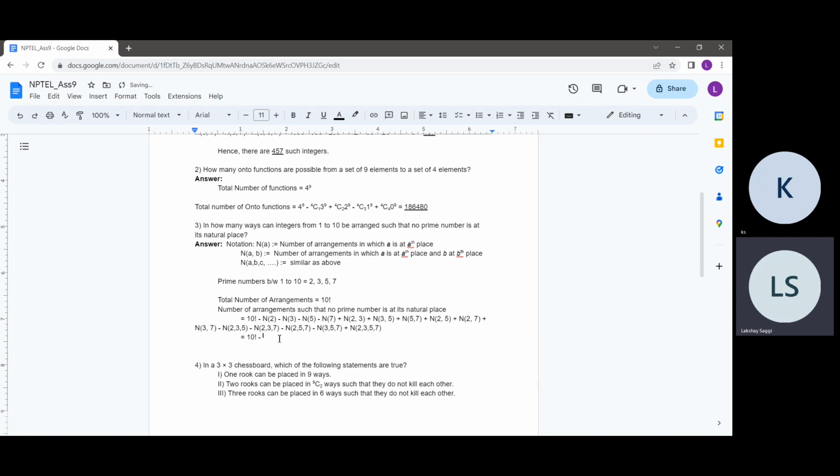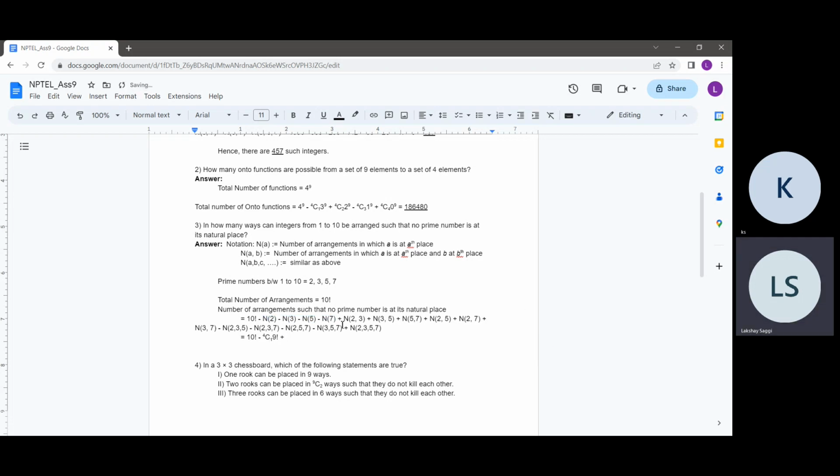So I can just write it as selecting one of those numbers in 4c1 ways, and the value is 9 factorial. So this whole part can be written as 4c1 times 9 factorial.